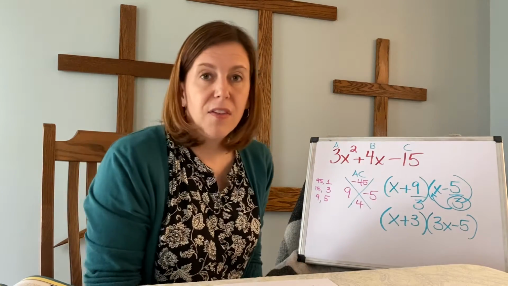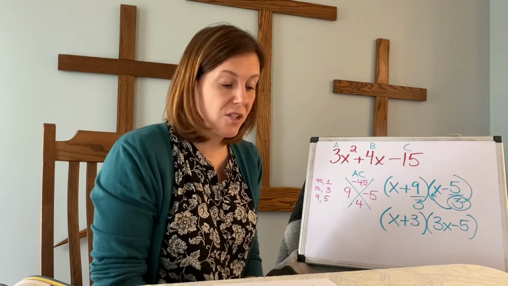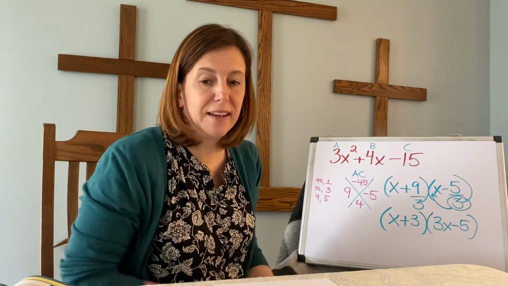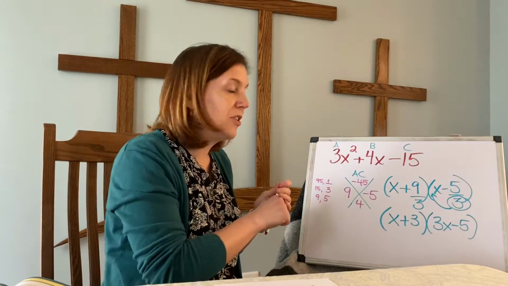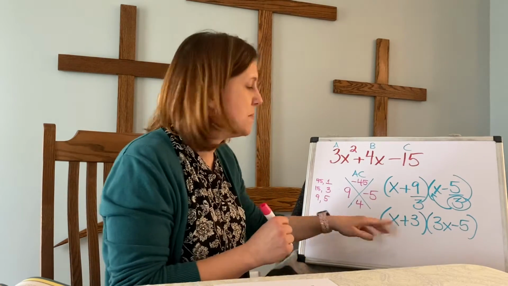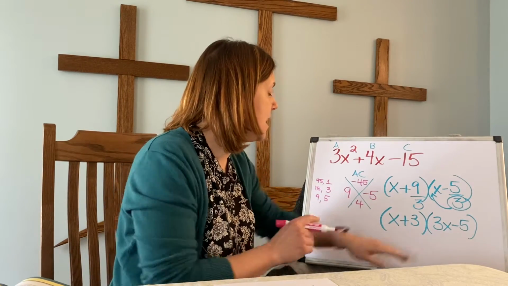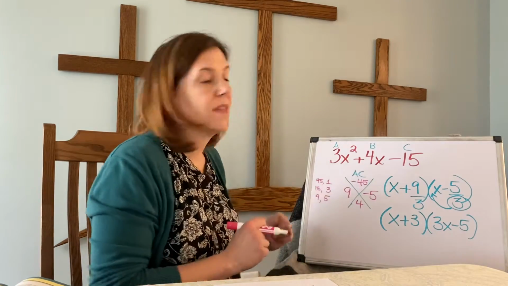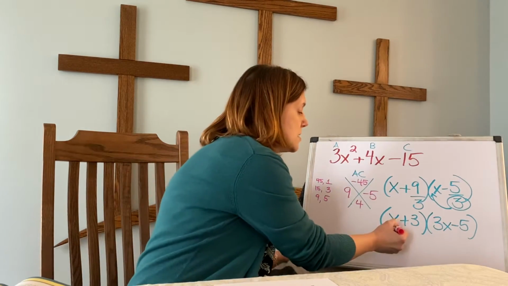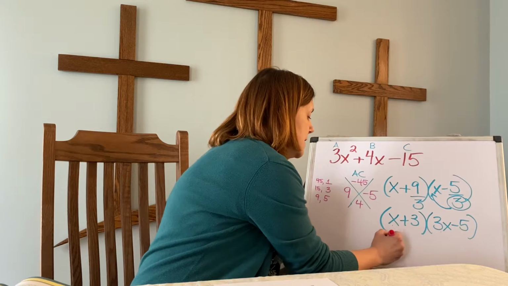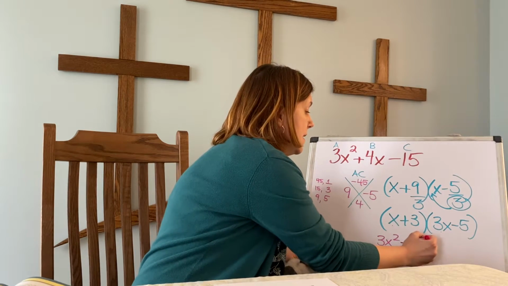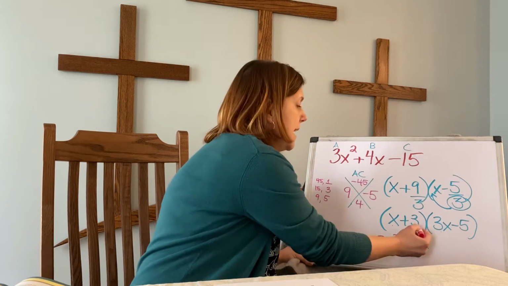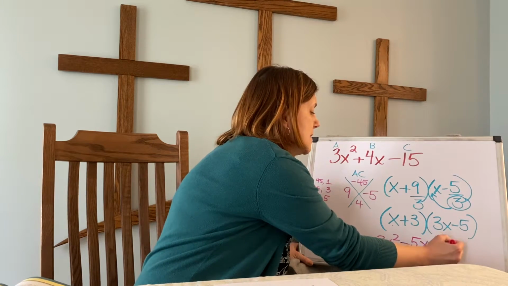Okay, on the note handout, you'll see number 7 says FOIL to check. That's how I check all of my factoring answers. I'm going to go ahead and FOIL this and make sure that what I get here is what I started with in this problem. So my firsts give me 3x squared. My outsides, negative 5x. My insides, positive 9x.